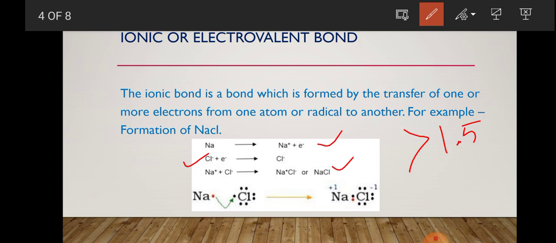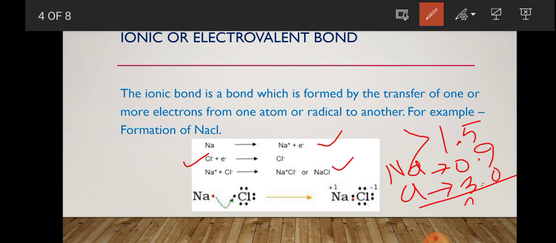Here the electronegativity of sodium is 0.9 and electronegativity of chlorine is 3.0 and their difference is 2.1, which is greater than 1.5. So, one electron is lost by sodium, and that electron is accepted by chlorine to form ionic compound sodium chloride.